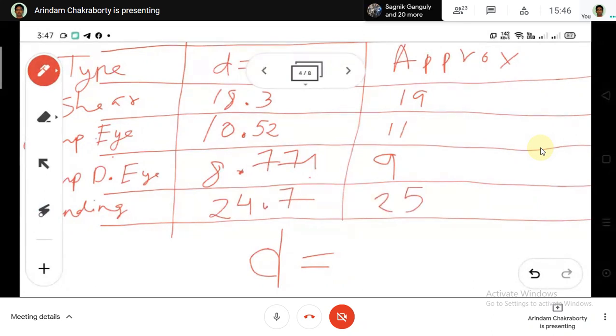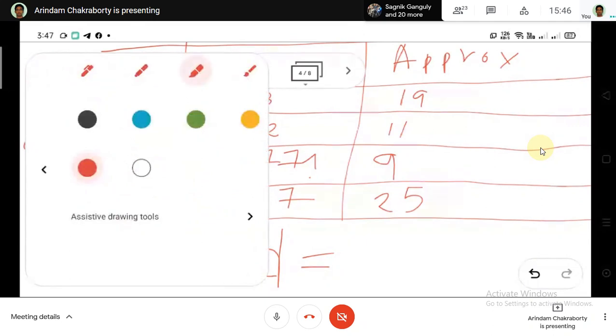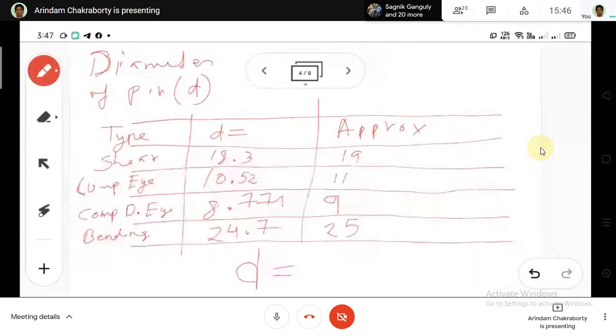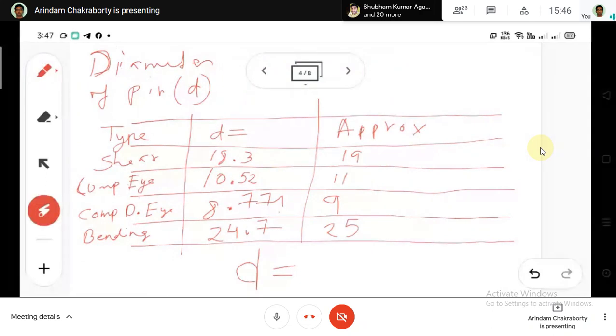Now here comes the point of concern. Which value is maximum among these: the bending one, the compressive ones, the shear one? As you can see from the magnitude, which one will you consider? Because you need the highest safety of the design.